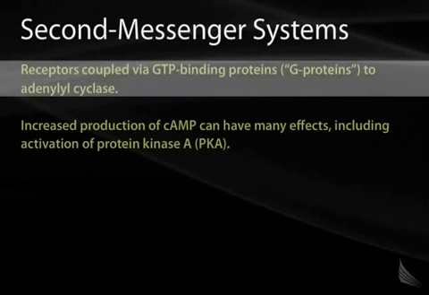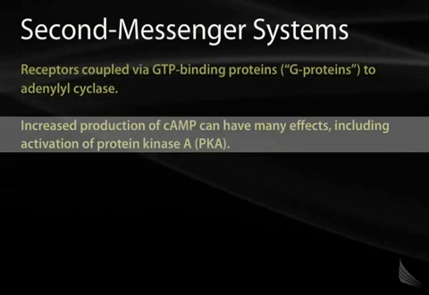Some second messenger systems which are downstream of the drug receptor involve first and foremost G proteins, or GTP binding proteins. Certain receptors are able to either activate adenylyl cyclase, which is the enzyme that causes production of cyclic AMP, or inhibit adenylyl cyclase based on which specific G protein is activated by that receptor.